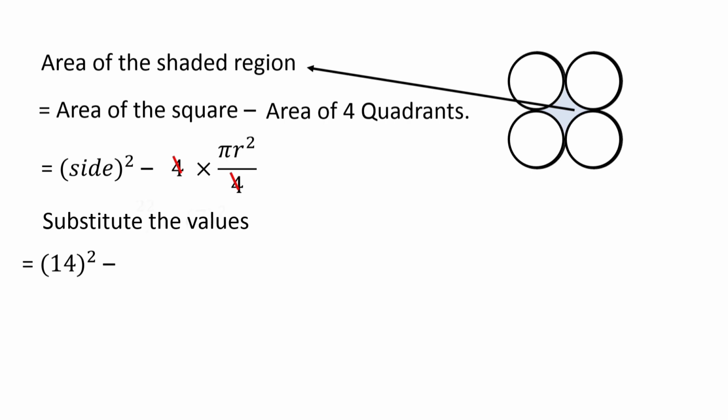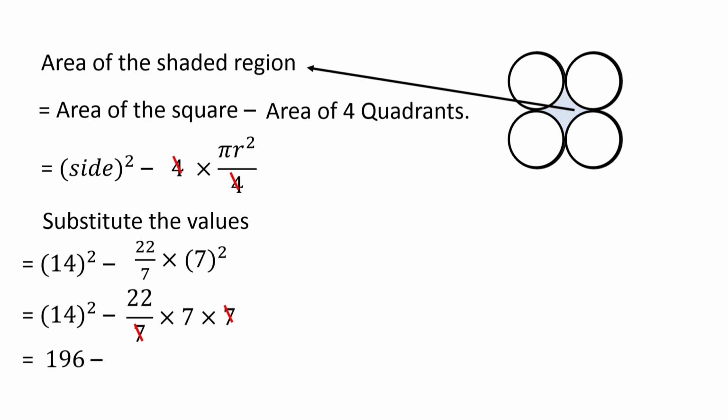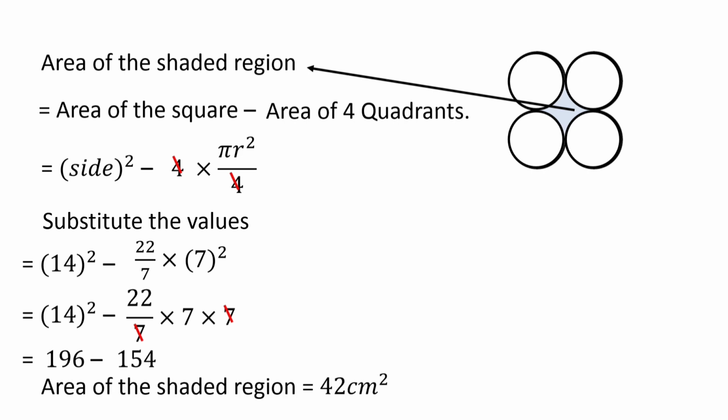Side is 14 square, 22 by 7, radius is 7 square. 14 square, 22 by 7, 7 into 7, you can observe 7 and 7 can get cancelled. 14 square is 196, 22 into 7 is 154, so that is equal to 42 centimeter. So area of the shaded region is 42 centimeter square.